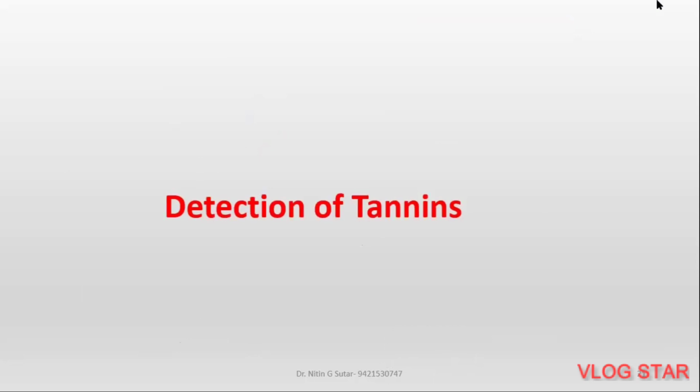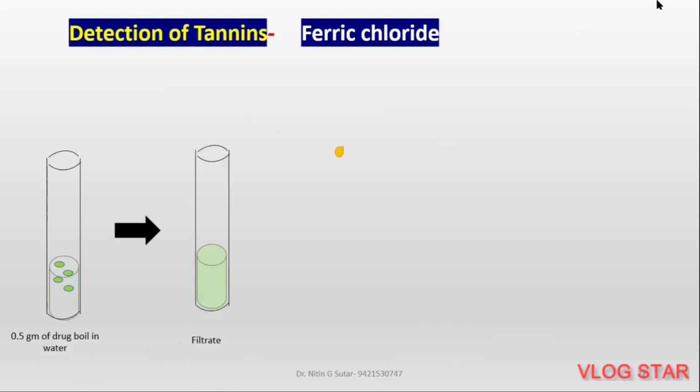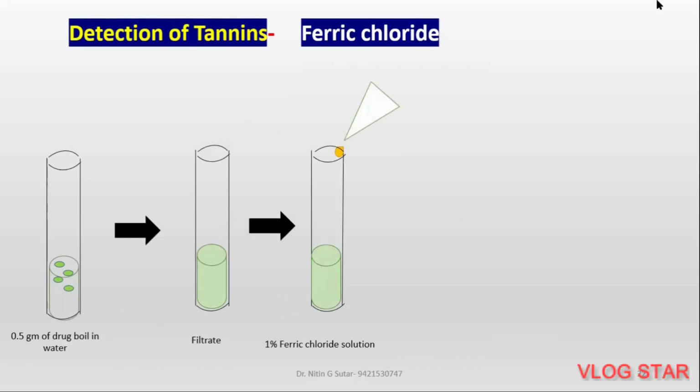Next one is the detection of tannin. For the tannins, the same ferric chloride is utilized. For this one, you are going to take the drug in a test tube. To that one, you have to add water and boil it. After boiling, filter it. To the filtrate, you are going to add 1% ferric chloride solution.